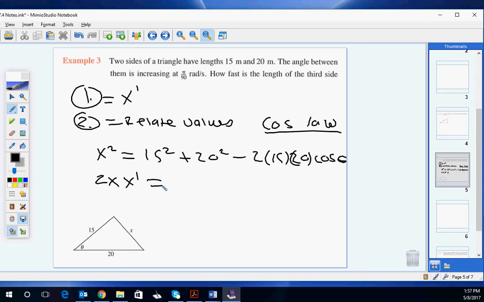So that's negative 600, but what's the derivative of cosine? Negative sine. So if I have negative 600 and a negative sign, I have a positive 600 sine. Now here's the part you're going to have to do, because normally inside it's just 1, but we have to take the derivative of the inside, which is theta prime.